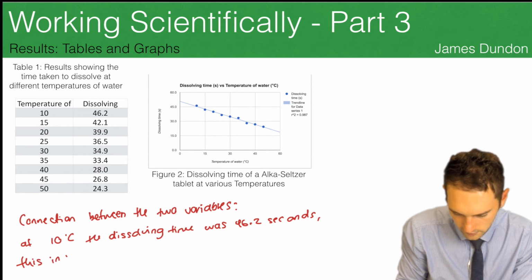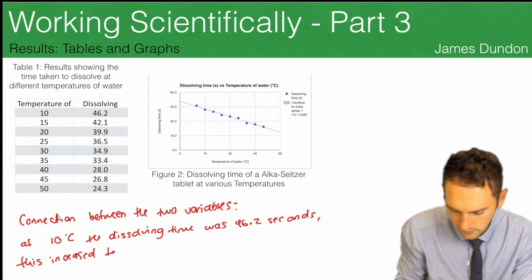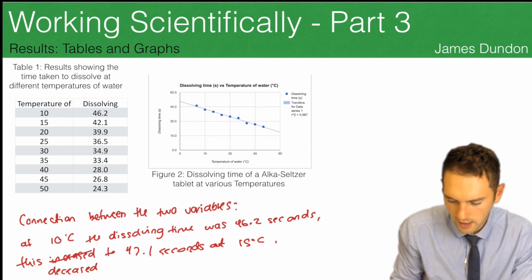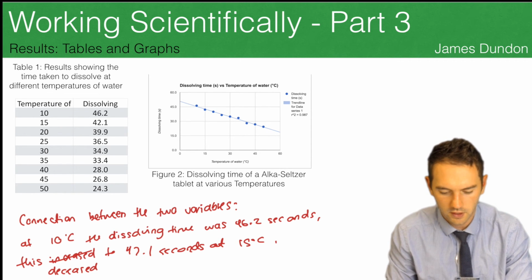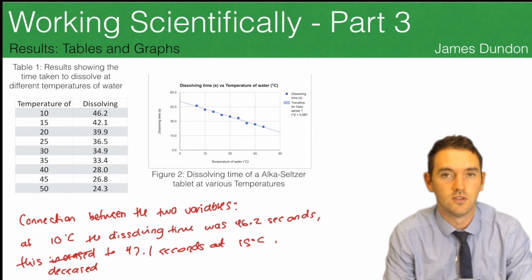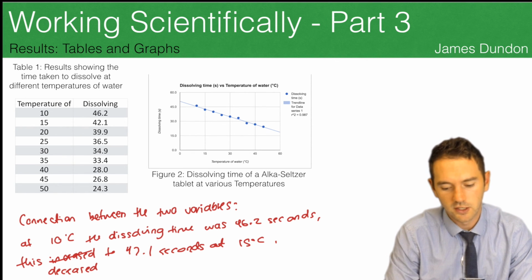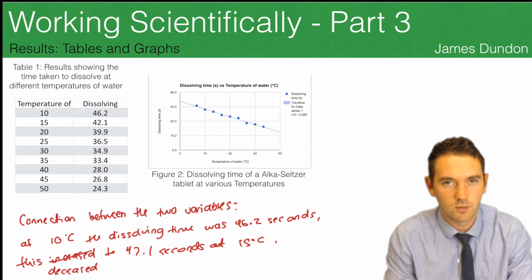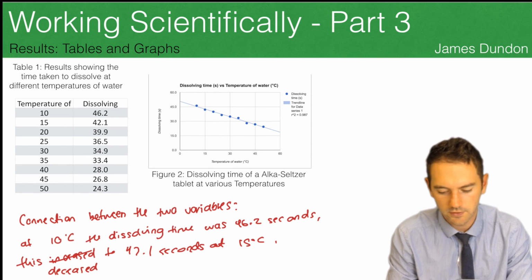This decreased to 42.1 seconds at 15 degrees. And you just work through all of your results, talking about the highs, the lows, the percentage changes, the range, and then ask your teacher for a bit of extra help about what detail they want you to go into for your particular year level.